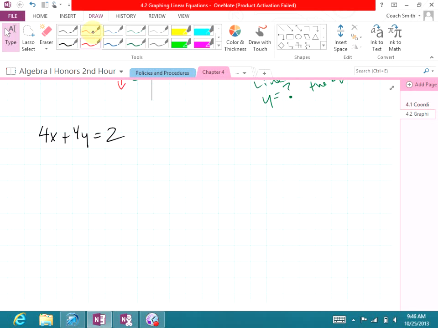Okay, so this one here, I got to take 4x over to the other side. So here it was a positive, here it becomes a negative. And so that gives me 4y equal negative 4x plus 2.